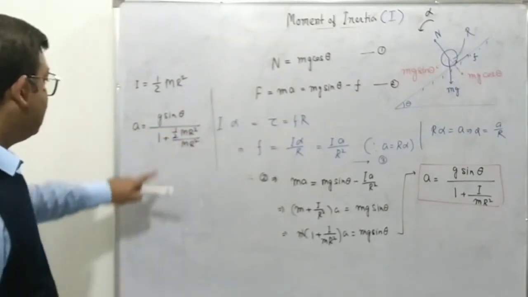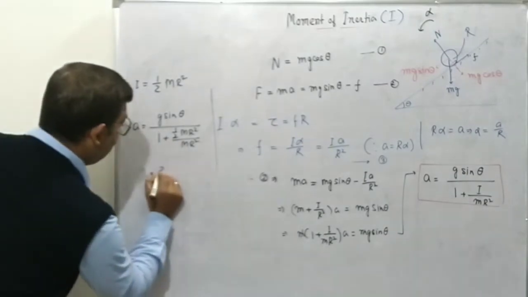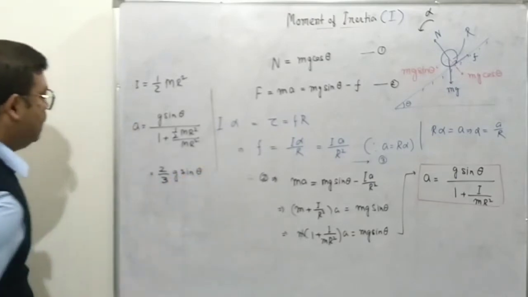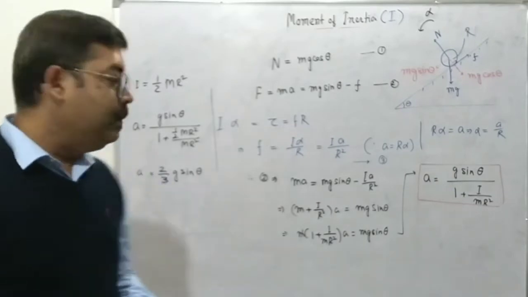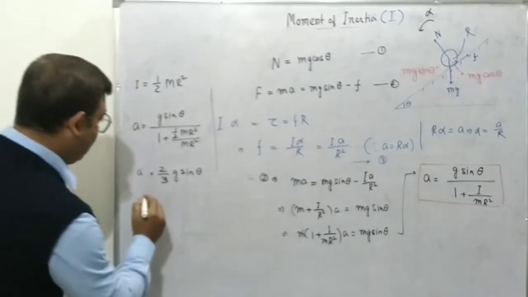M R squared will cancel, so this will be 3 by 2 in the denominator, so it will be 2 by 3 g sine theta. Linear acceleration of the solid cylinder will be 2 by 3 g sine theta.